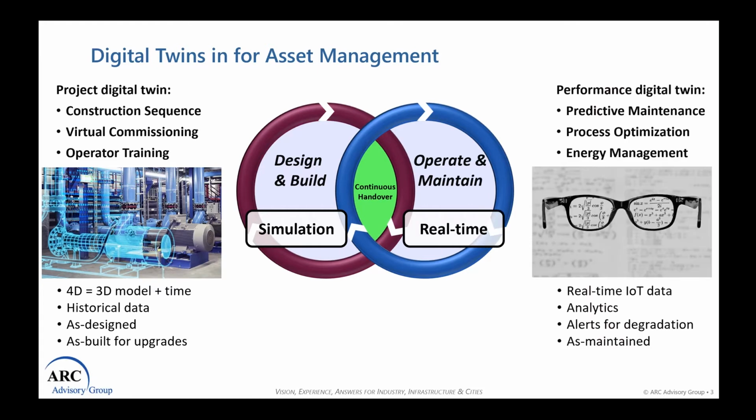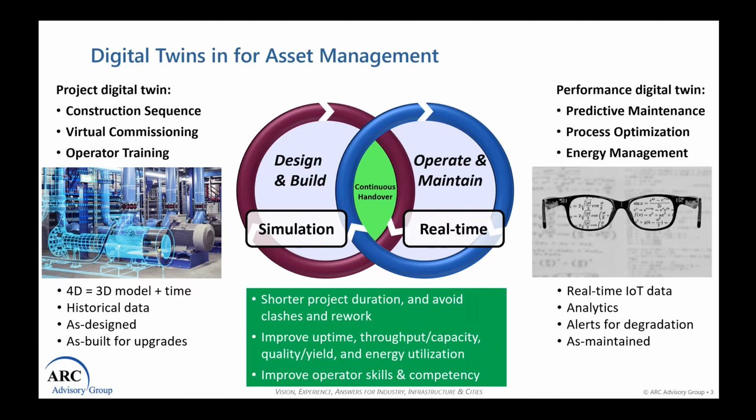Currently, the most common type of digital twin is just the math algorithm, whether it be machine learning or a formula. And that is mostly for predictive maintenance currently, but we're starting to see those applications move into process optimization and energy management.